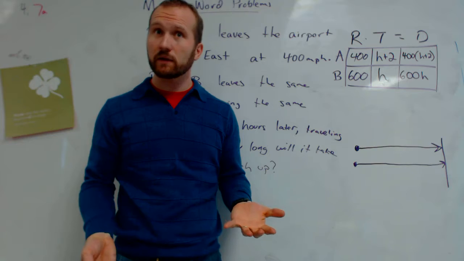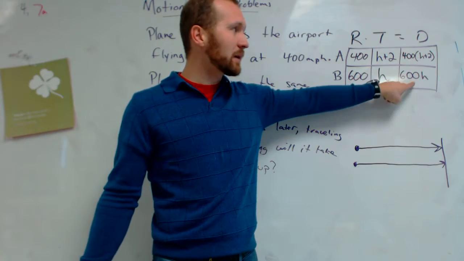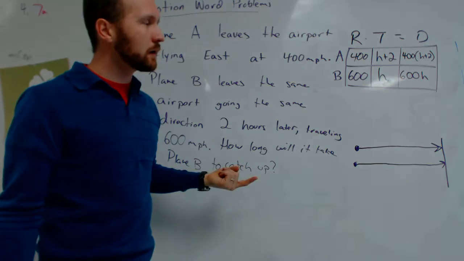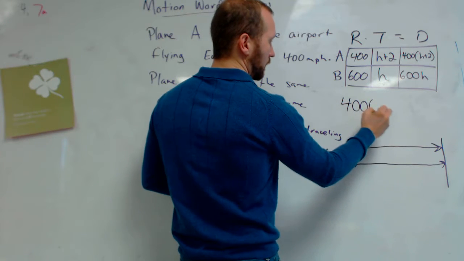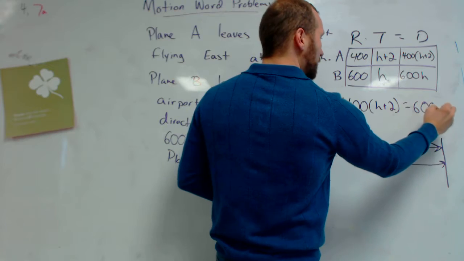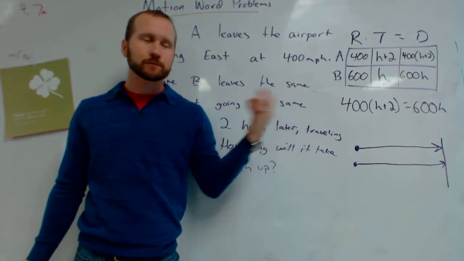So you're telling me that plane A's distance is the same as plane B's distance? Yeah, so basically the equation is just 400 times H plus 2 equals 600H. I'm looking for the time when these two things are equal to each other.